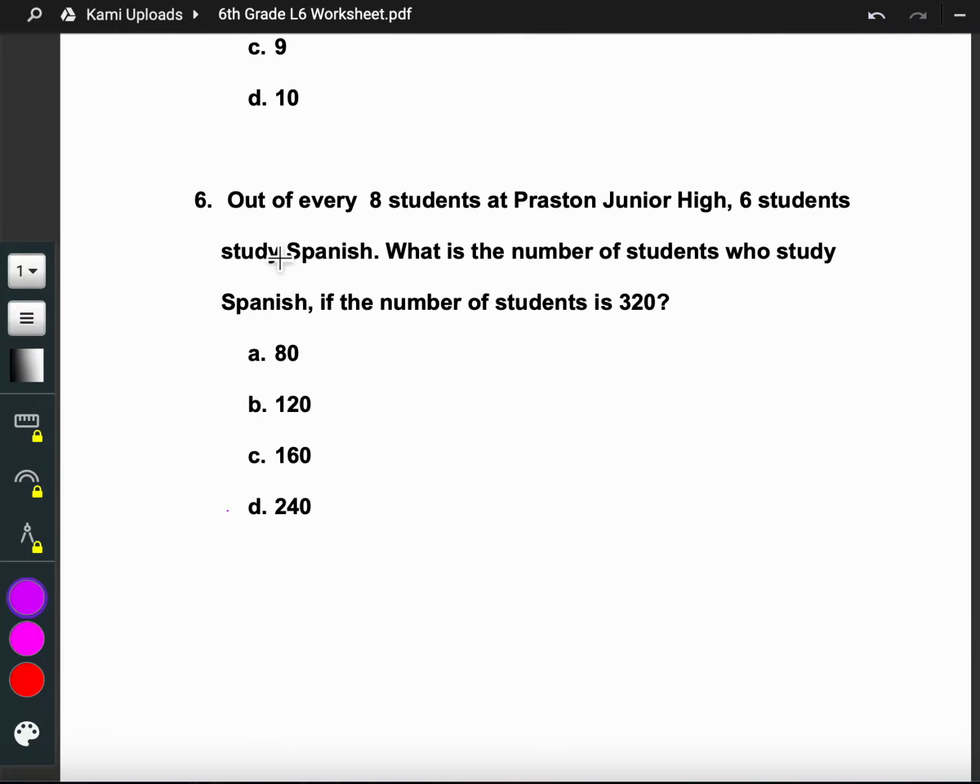This problem, number 6, is similar. Out of every 8 students, 6 students study Spanish. What is the total number of students who study Spanish, if the number of students is 320? So there's 6 out of 8 students who study Spanish times 320, and we're running short on time, so I can quickly put that in the calculator.